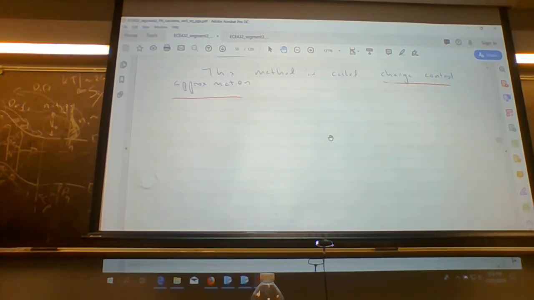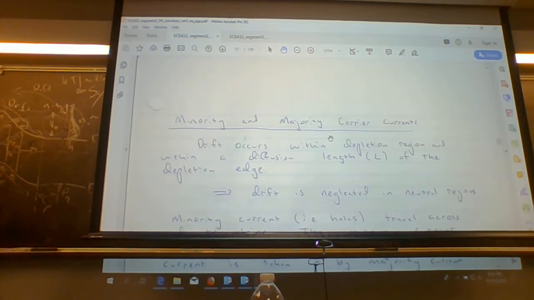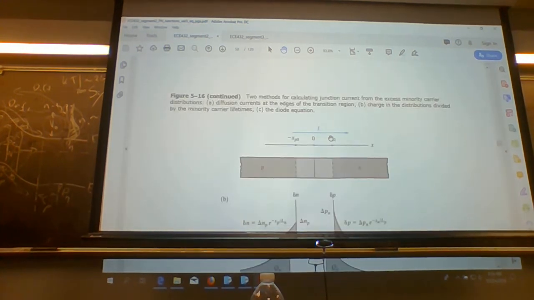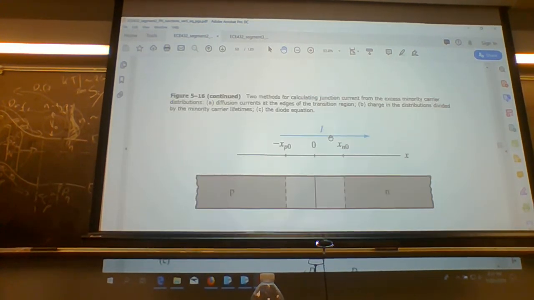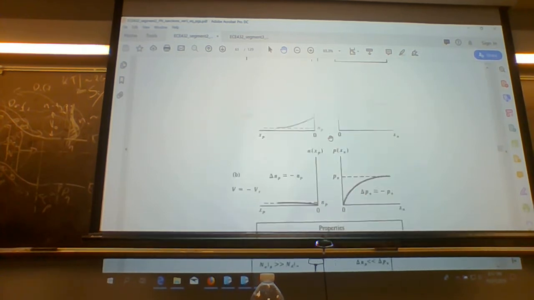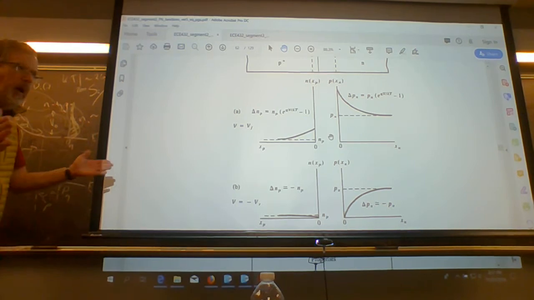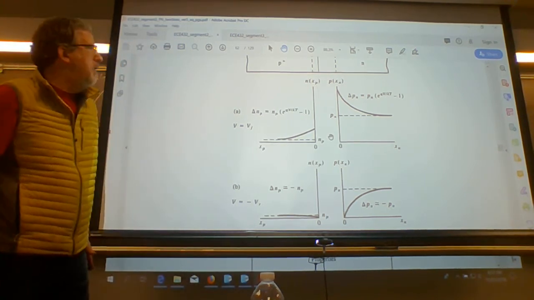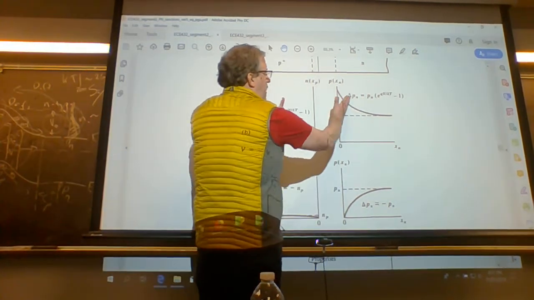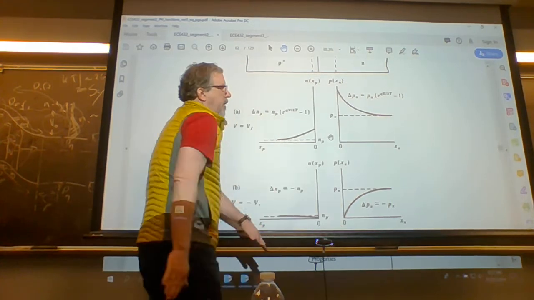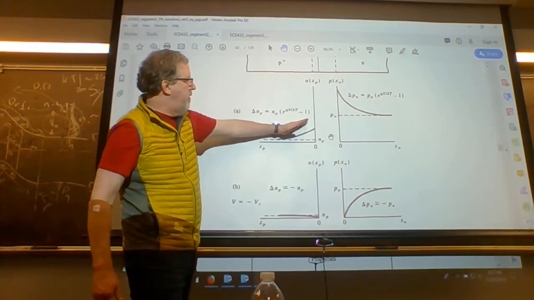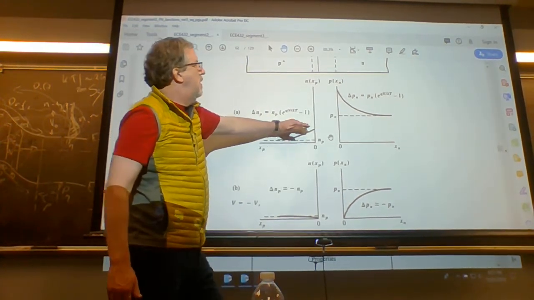And so then you start to get into the bias dependency, the switching, where you're going from a turn on to a turn off, right? So this is the turn on where you get the excess, right?